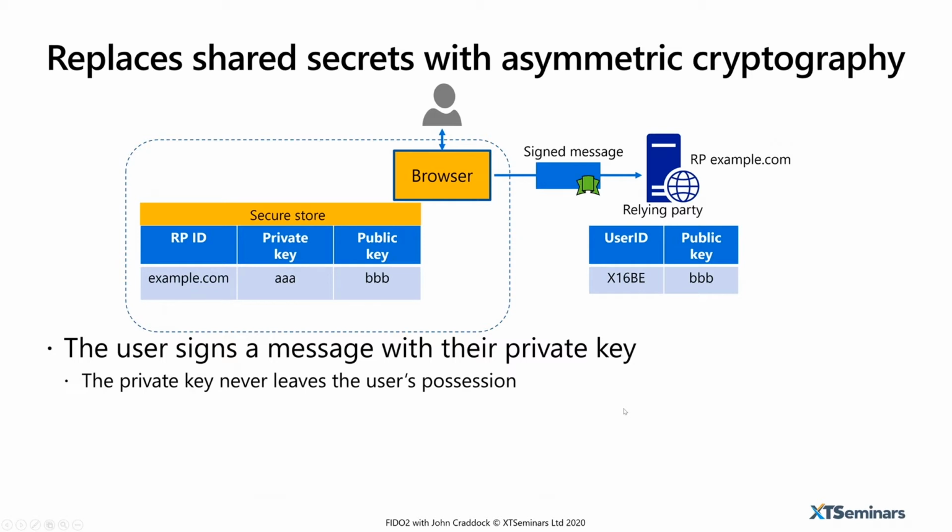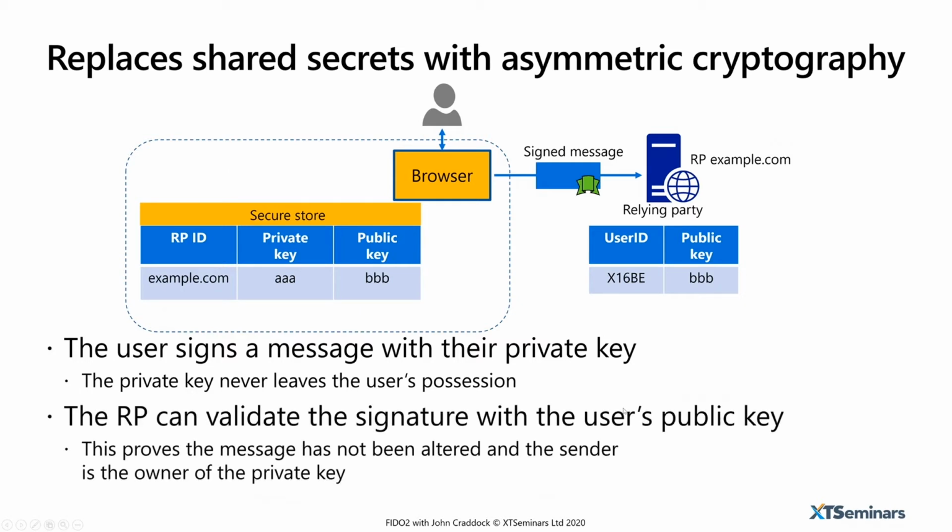Number one, it proves that message has come from the person that holds the private key. That was the person that registered in the first place. So we've proved that the same person is coming back. By verifying the signature, we can also check that the message has not been tampered with. So what we've got is proof that this message has come from the original registrant, and secondly, that it has not been tampered with. And that's all we can prove, but that in itself is quite a lot.